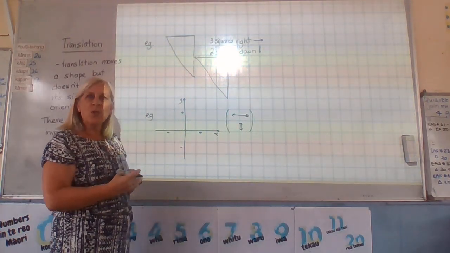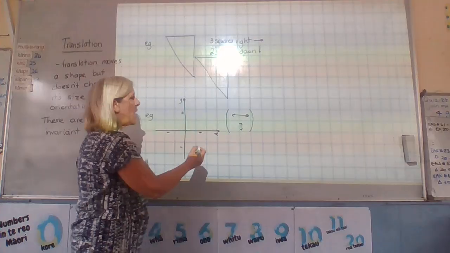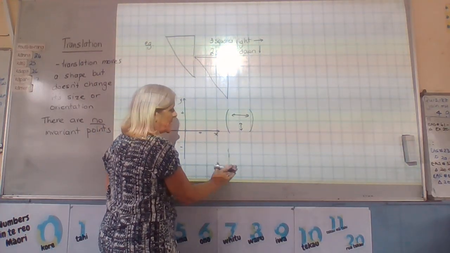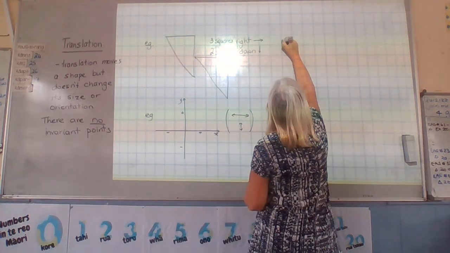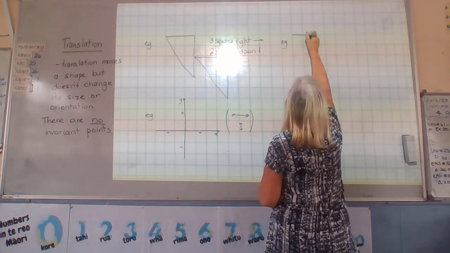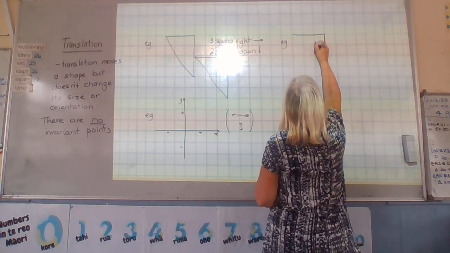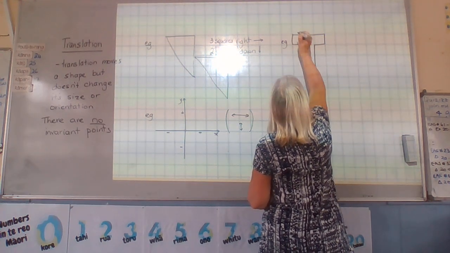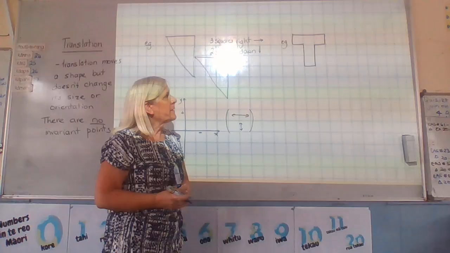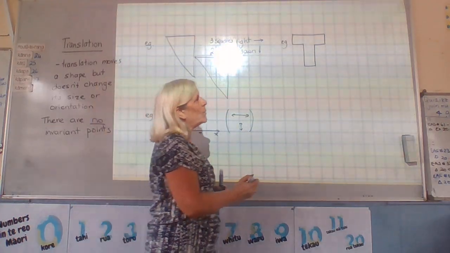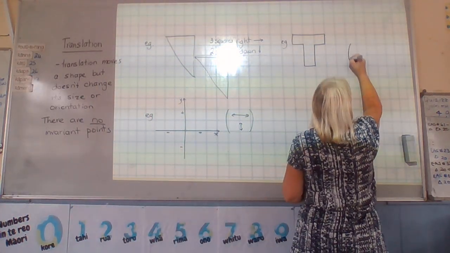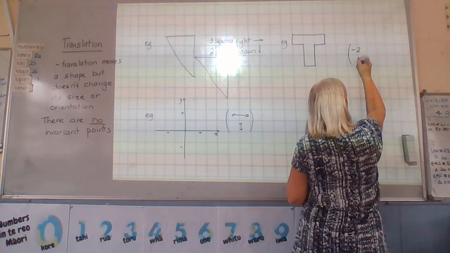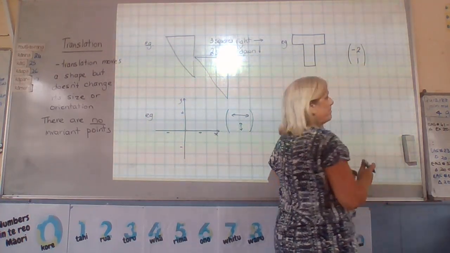So if I want to move something by, okay, let's do an example rather than just make it up. So if I've got, let's draw a different shape and make a T. Okay, if I want to move this shape by a vector, what I would write is something like that.